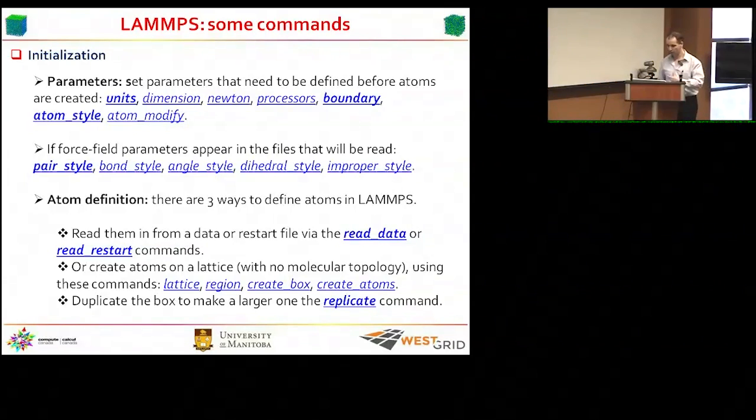Another possibility: if you start, for example, from a small simulation box and you want to generate a larger box, there is a command called replicate. This will replicate the small box in different directions. You just have to specify the numbers, how to replicate the box.